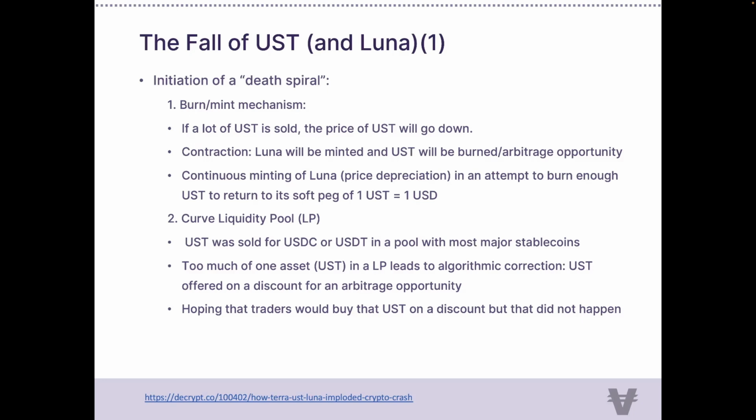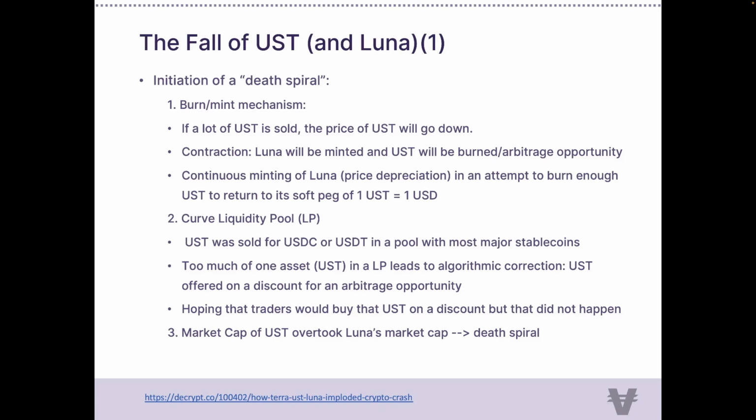They did not buy that discount. And then the last thing that caused the death spiral is there was so much price depreciation of Luna, so much minting of Luna, that the market cap of USD overtook Luna's market cap. And as we know, Luna was used to buy up the USD in the Luna network.